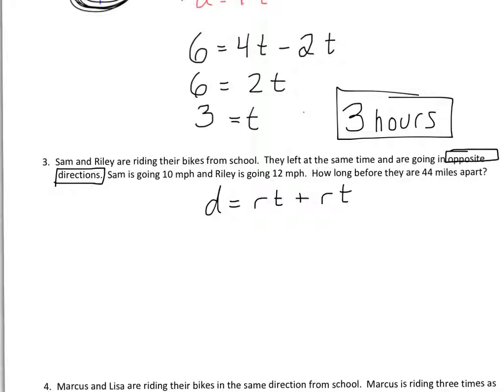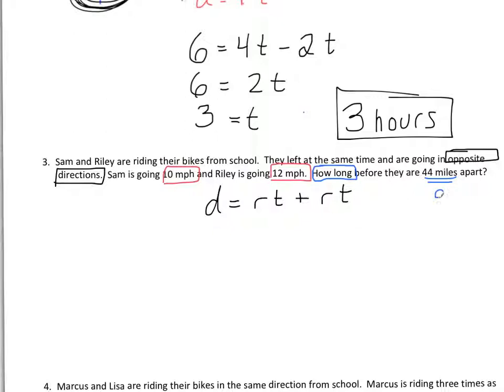But they're going to be 2 different rates, and it doesn't matter the order in which I do it. Sam is going 10 miles per hour. That's a rate. Riley is going 12 miles per hour, which is also a rate. So it then says how long before they're 44 miles apart. So what's this 44 mean, Alex? Is it a distance, a rate, or a time?